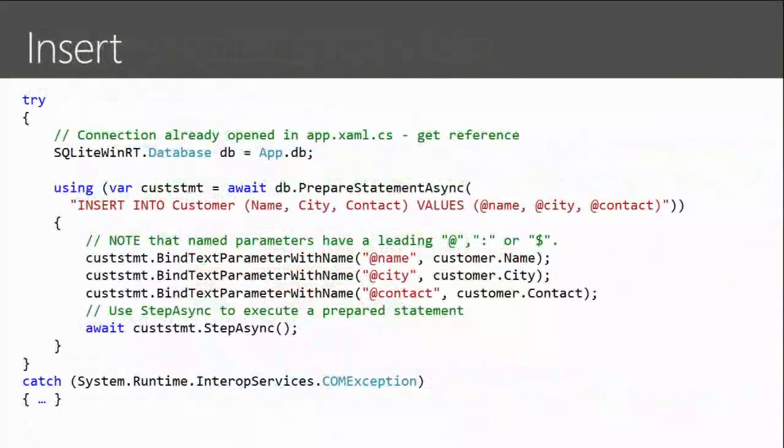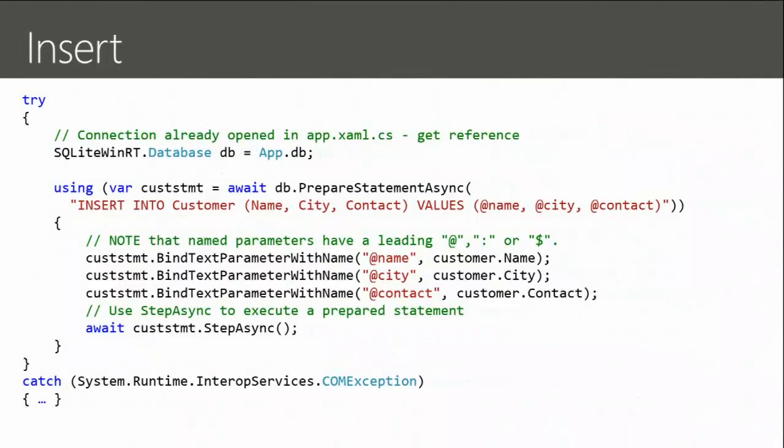Now then, when you want to insert an object into a table you've created, there's two forms of this, actually. We work with parameterized queries and parameterized statements. Where you've got variable stuff going into a statement, you will prepare the statement using prepare statement, where you have the SQL: insert into customer, then the columns name, city, contact, values.